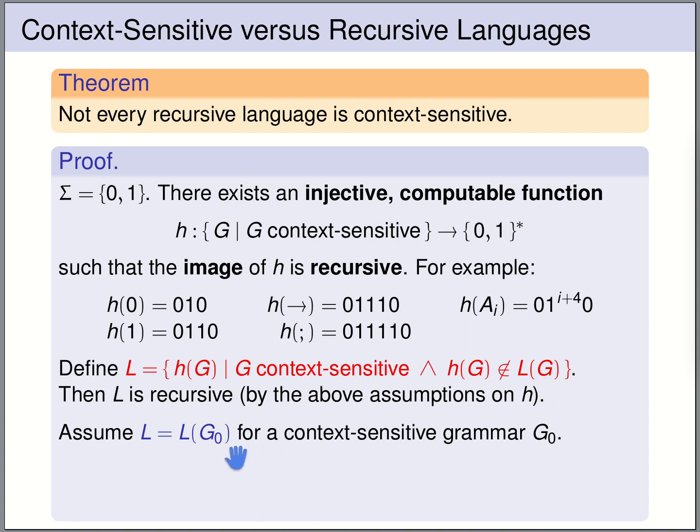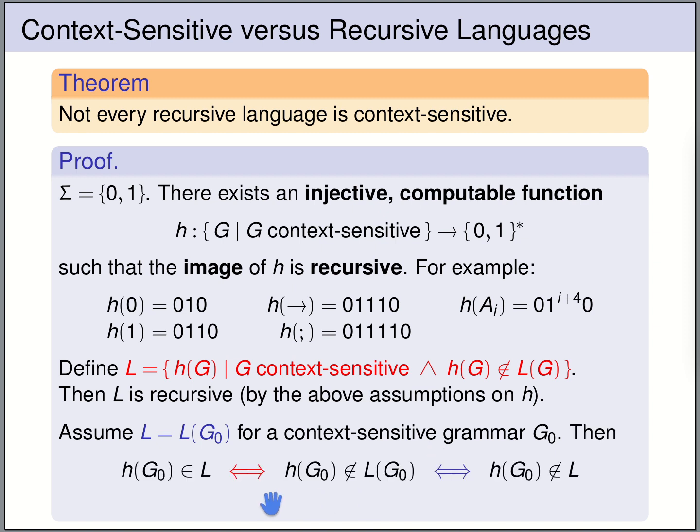So now let's, for contradiction, assume that this language L would also be context-sensitive. So let's say that it's equal to the language of G0, where G0 is a context-sensitive grammar. Then we know the following. Namely, we know that the code of G0 is in the language L by this definition.